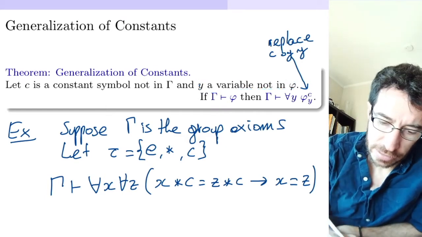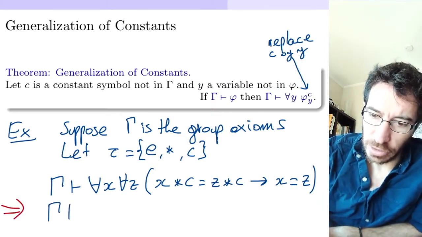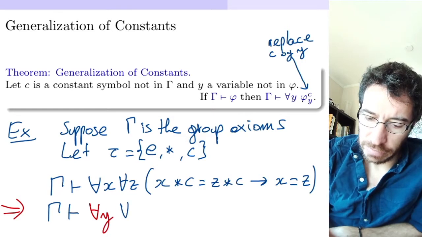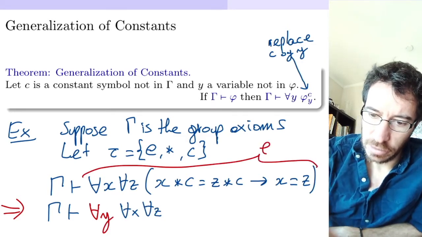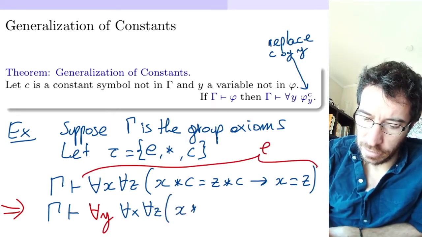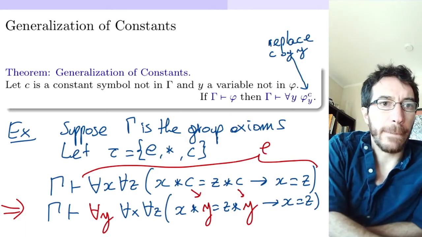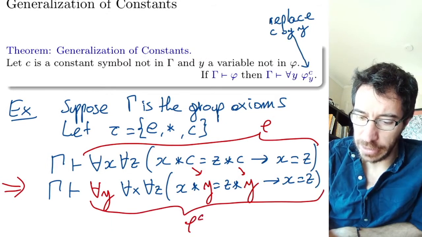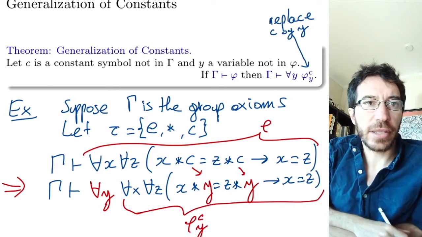The theorem is going to tell us that gamma can show, and I'm going to put the new part in red, that for every y, we have that for every x and for every z, x star y equals z star y implies x equals z. Notice that the formula up here is phi, and the formula down here is phi where c was replaced by y. That's what the theorem tells you that you can do.